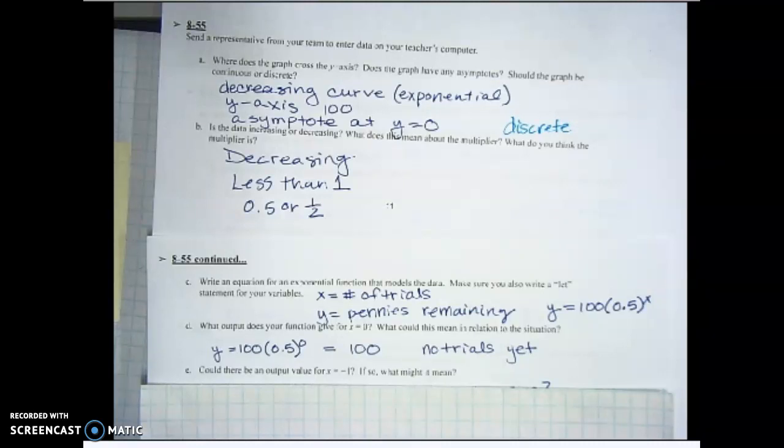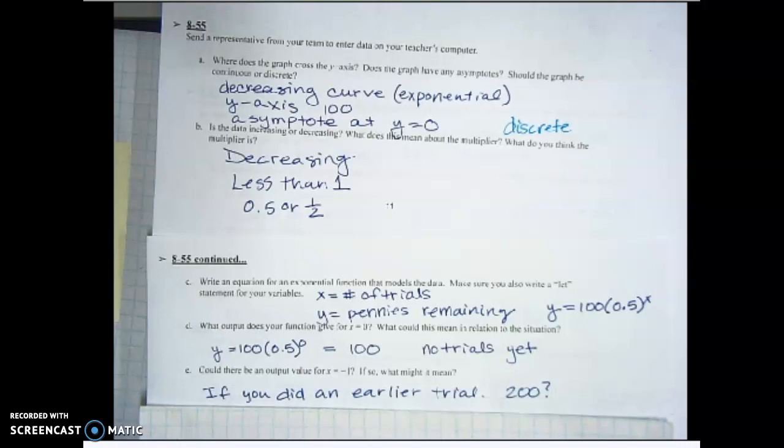But, yeah, technically, you could have had 200. You could have started with 200, shaken your pennies, and then gone to 100, roughly. Okay? If you had done an earlier trial. But yeah, it doesn't make sense.